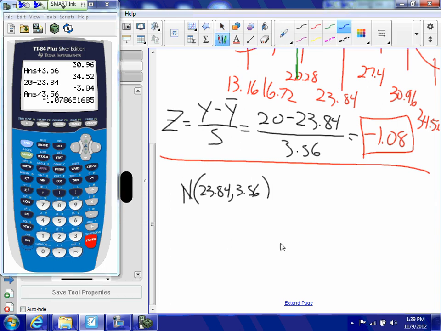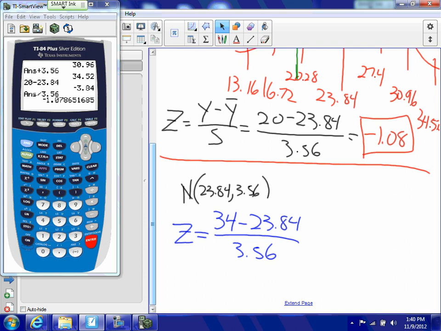First thing I want to say is, which is more unusual? A car traveling 34 miles per hour. So what's the z-score for that? z equals y, 34, minus 23.84, divided by 3.56. This is for my 34 mile an hour automobile.